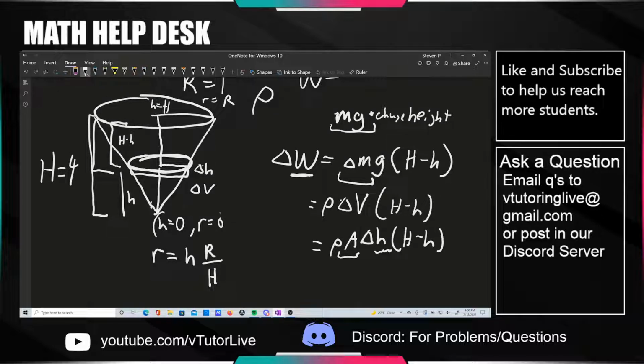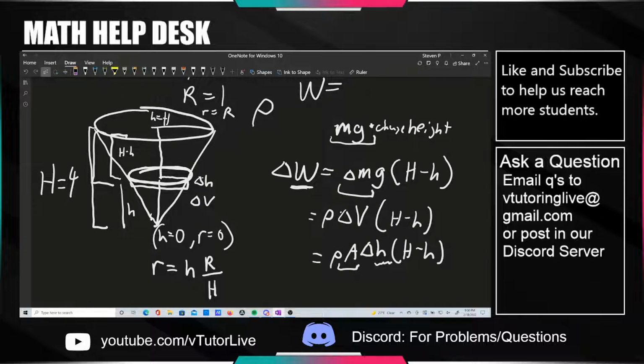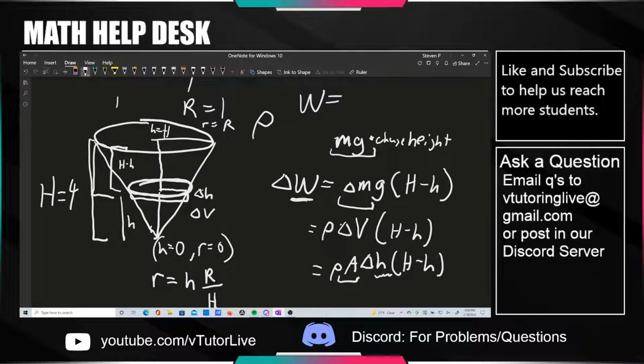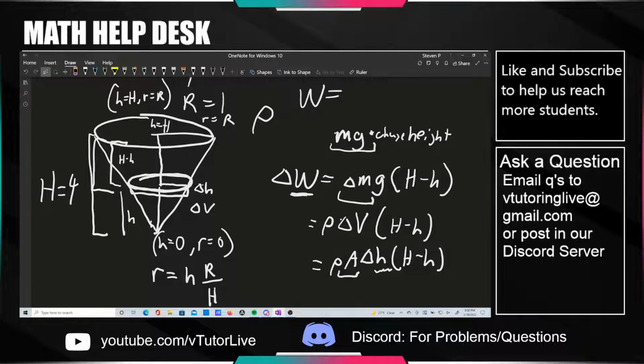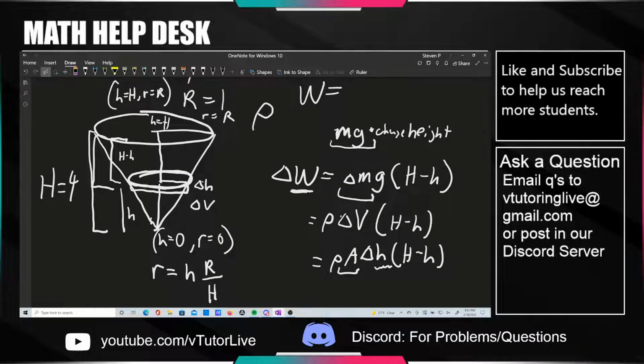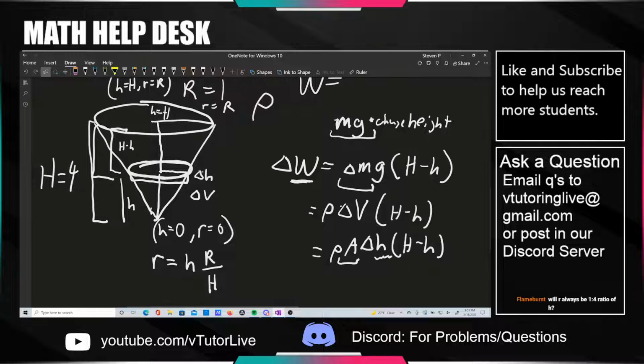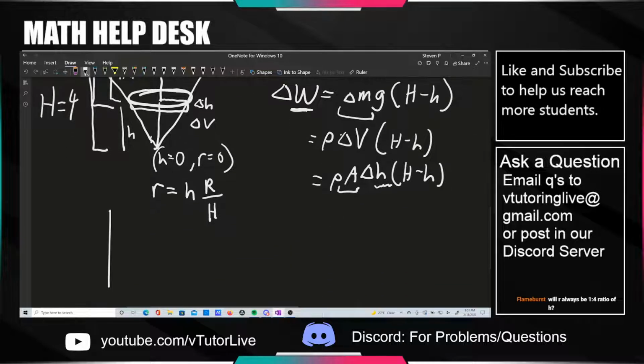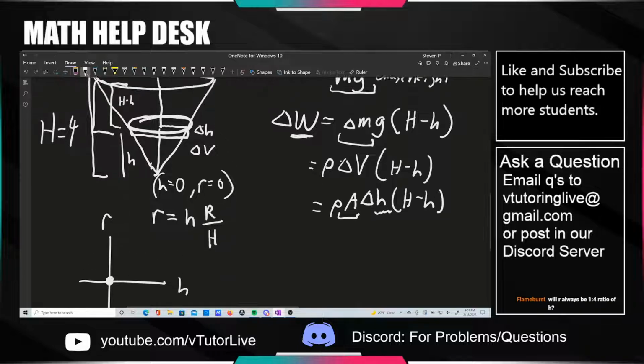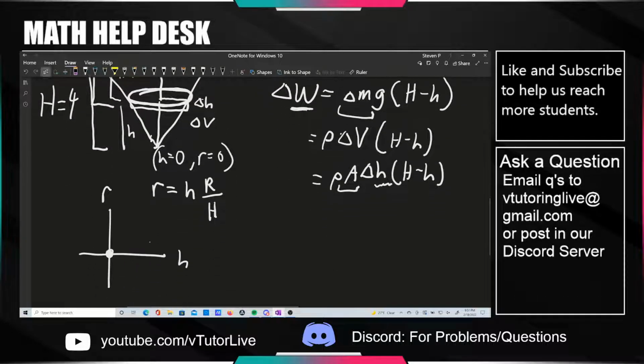You can imagine that when h is equal to 0, r is equal to 0, and when h is equal to big H, r is equal to big R. You can just imagine taking 2 points and figuring out the line that connects them on a 2D plane. It should be pretty easy to justify, right? If you wanted to be really explicit, let's draw this out. So this is little r versus h, and you know that there's a point at 0, 0, and there's a point at big H, big R.